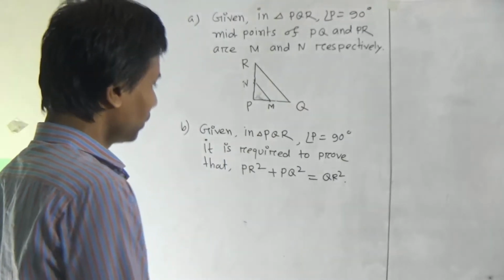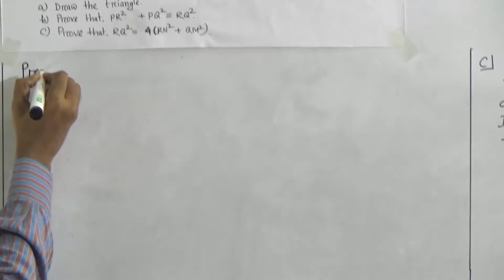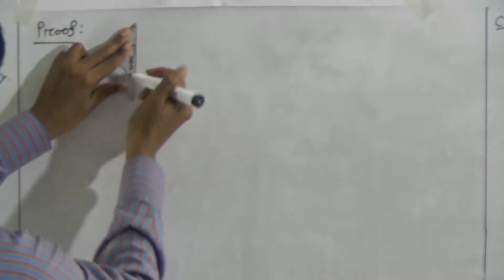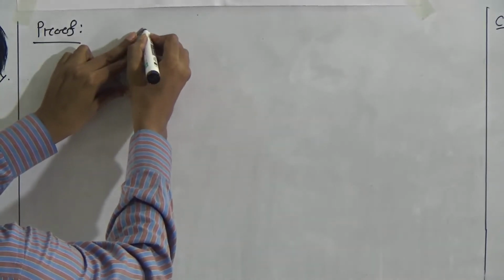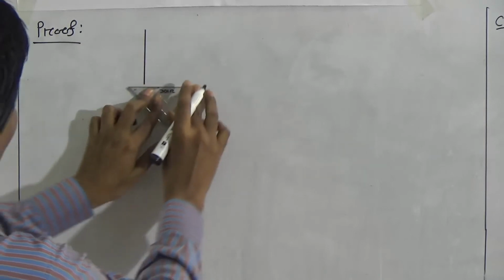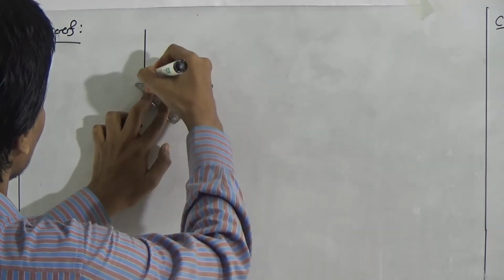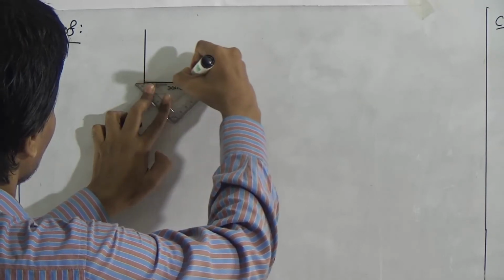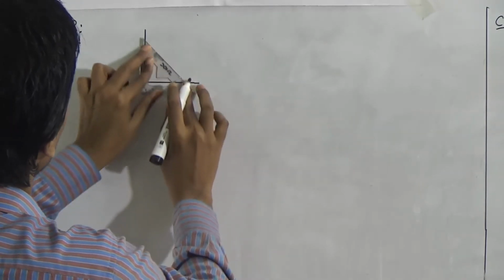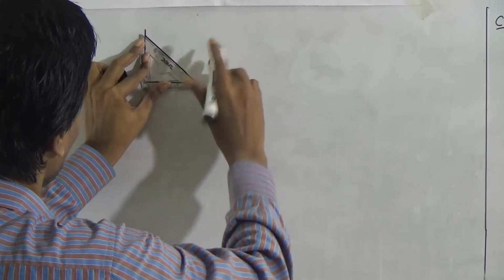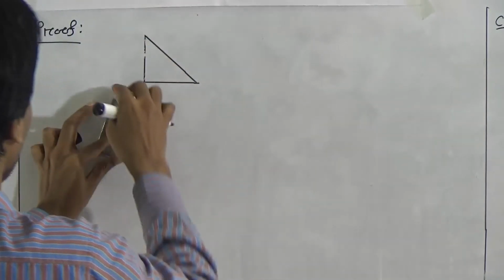Okay, dear student, now we write the proof. At first you draw a triangle using the given information. Like this way you have to draw the triangle.